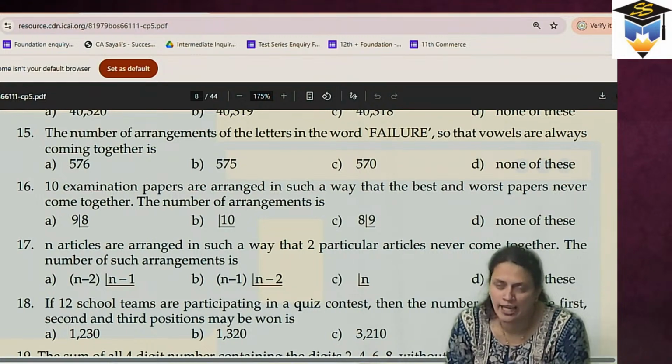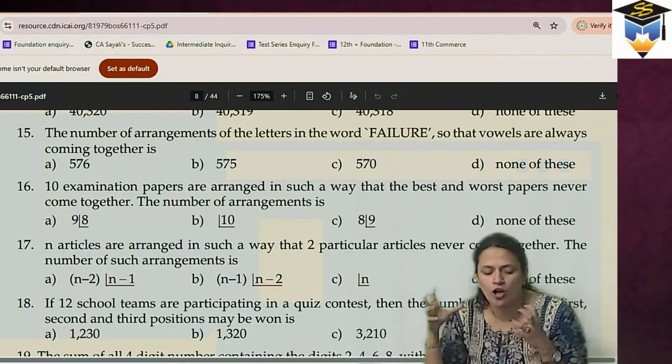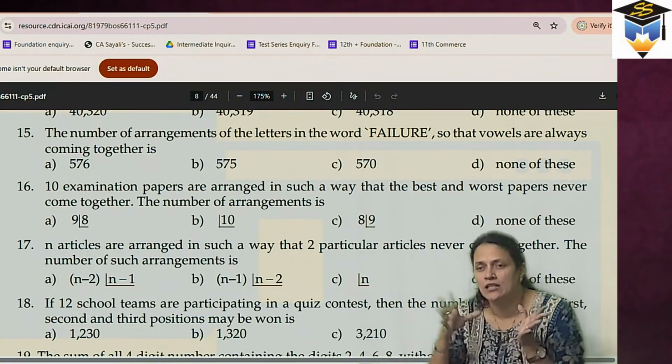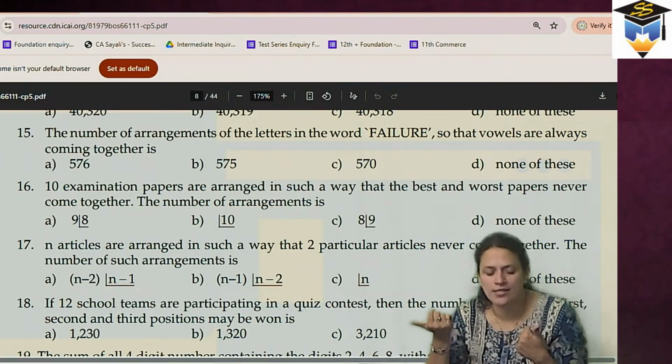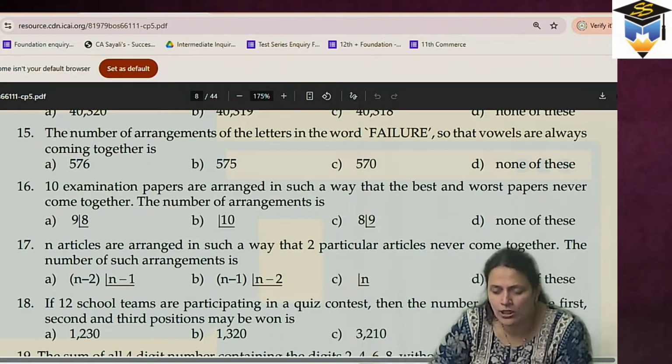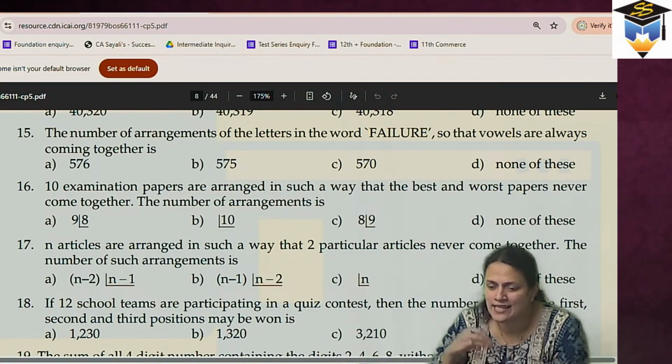The number of arrangements that the best paper and worst paper occur together will be equal to 9 factorial into 2 factorial. Okay. That's the exact opposite thing.